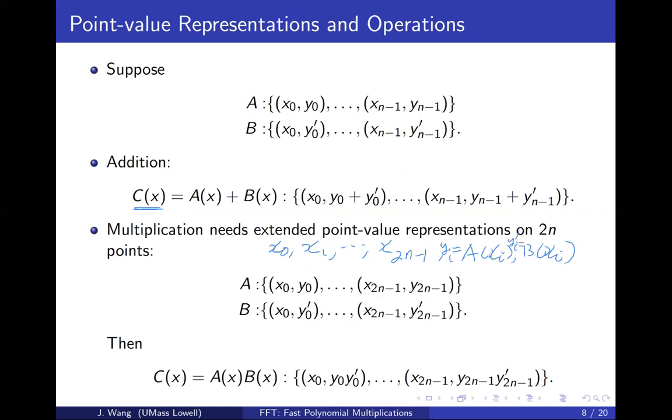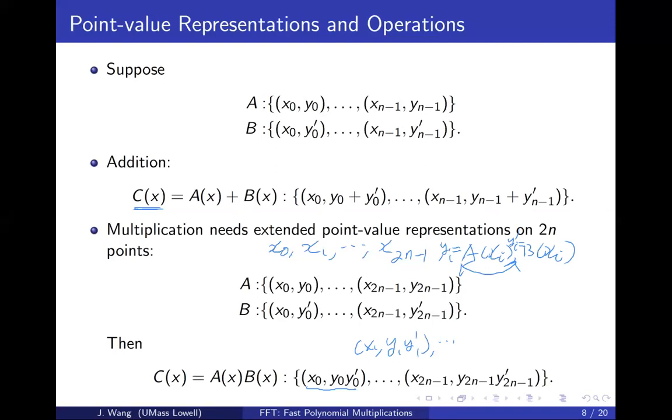Then using point value representation, we just need to multiply these two points. So what we are getting is the point x0, y0 times y0 prime, and then x1, y1 times y1 prime, and so on.